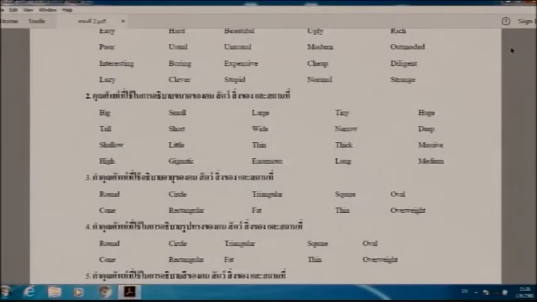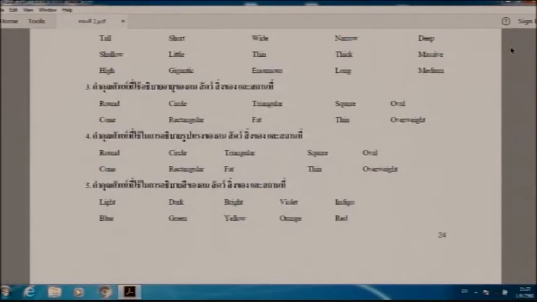Then we go to the adjectives about color. We have different colors in our daily life. There's nothing much I can give to describe color, but I want to teach you how to pronounce them. How can you pronounce these colors? We have light.